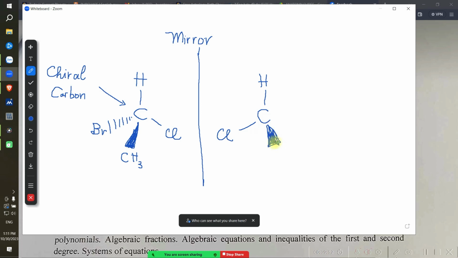This one we have colored in as well, of course. This one points to the front, and this one points to the back of the molecule. You understand this one, right?